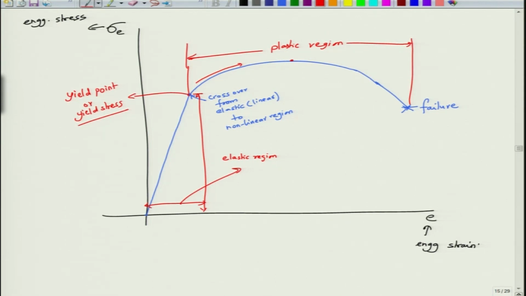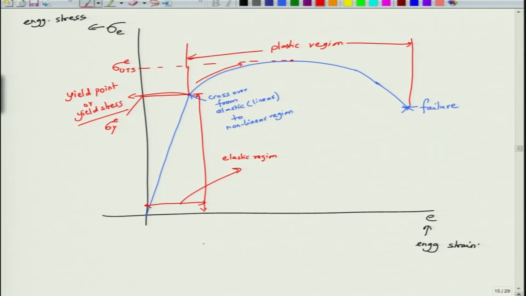It reaches a maximum stress point. Let us define this as sigma y, and this maximum stress point is defined as sigma UTS. This is sigma E, because it is the engineering stress.